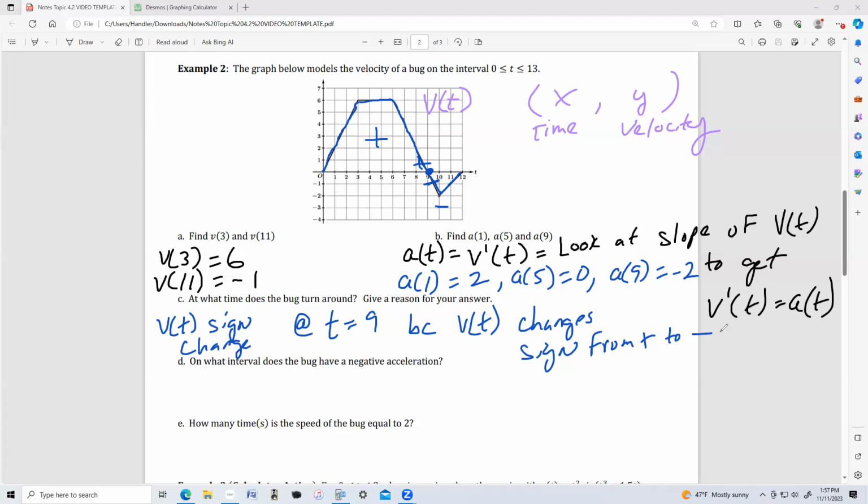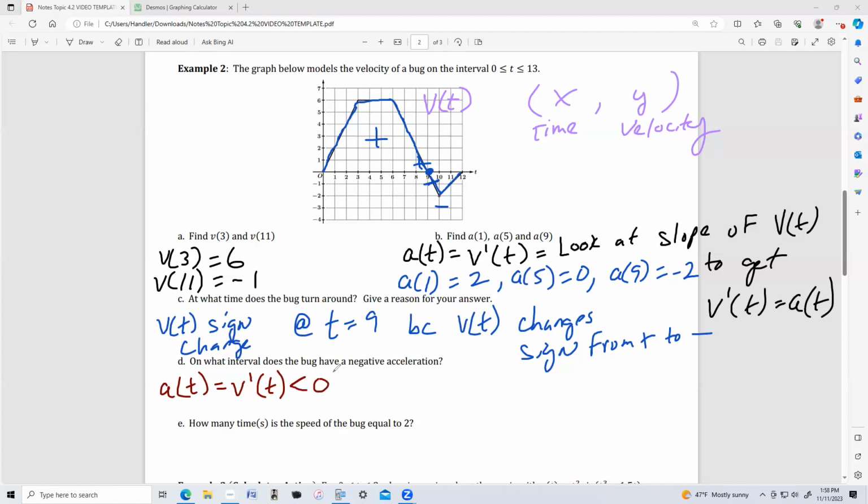All right, next question, D. On which interval does the bug have a negative acceleration? Negative acceleration is when the following happens. Let's make a little illustration. Acceleration A of t is the same as v prime. So we're looking for when acceleration, or v prime, is less than 0, because less than 0 is negative.